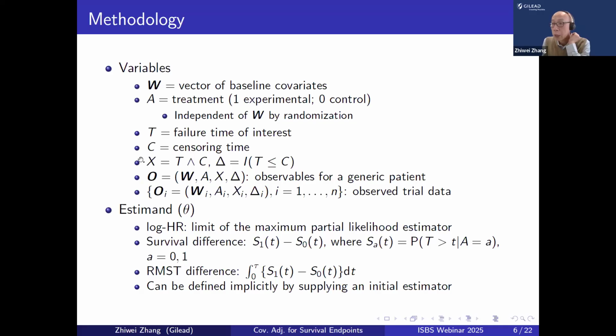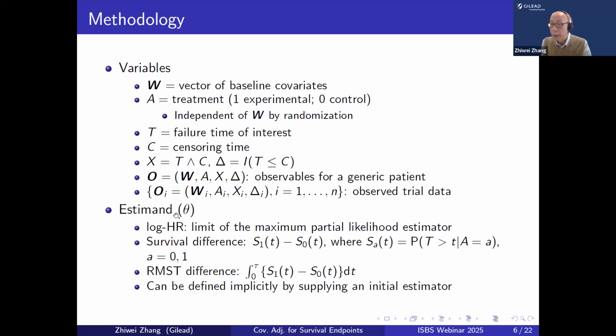X is the actual observed time, which is the minimum of T and C. And delta is the usual indicator for the failure event. The observed data from an individual patient consists of W, A, X, and delta. These are collectively denoted by O. The observed trial data consists of independent copies of O. So just some standard notations.